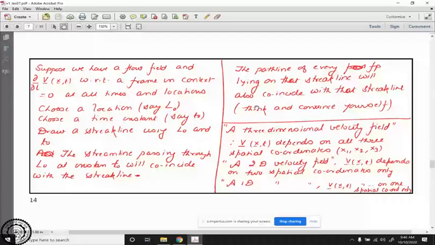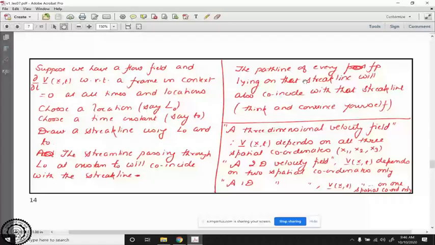That will be a good exercise, a thought experiment. But I do want you to be exposed to this statement. I will write that statement here at the top, that in a steady flow field with a steady velocity field, these curves all coincide.